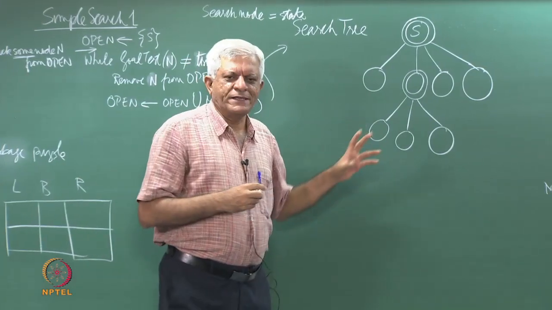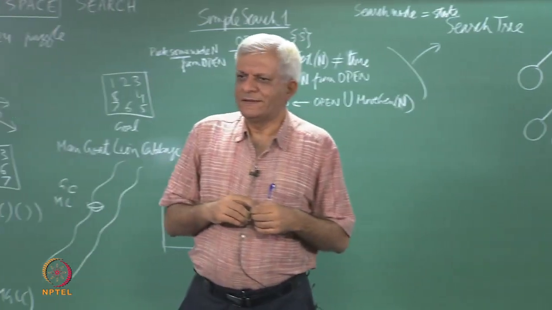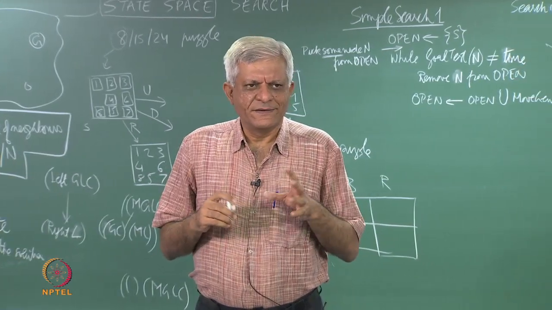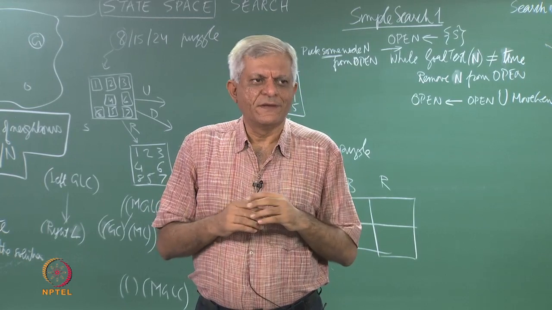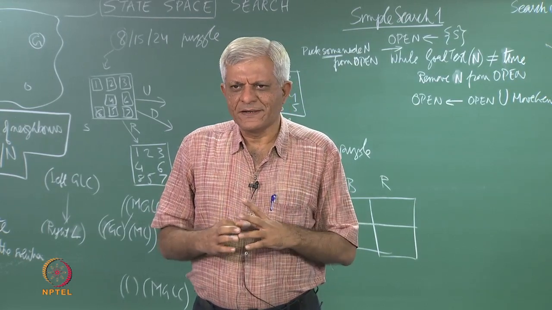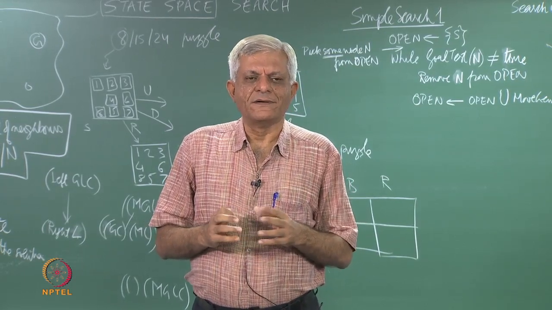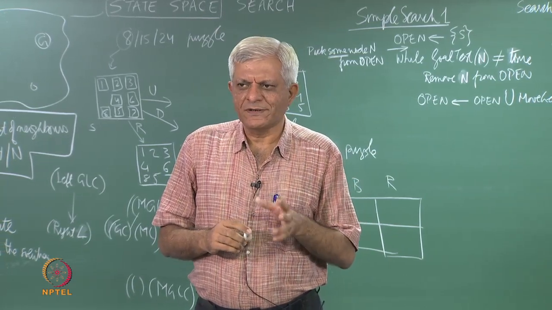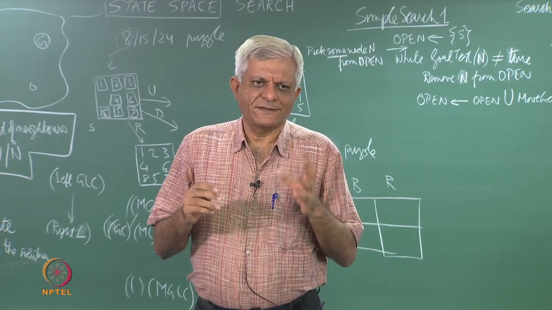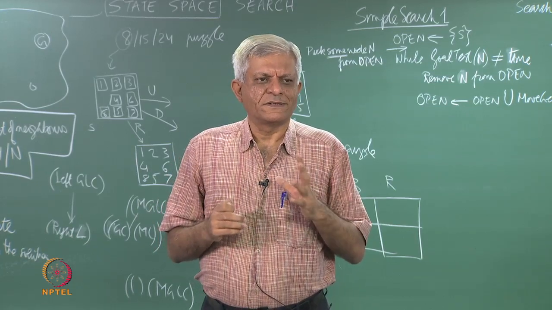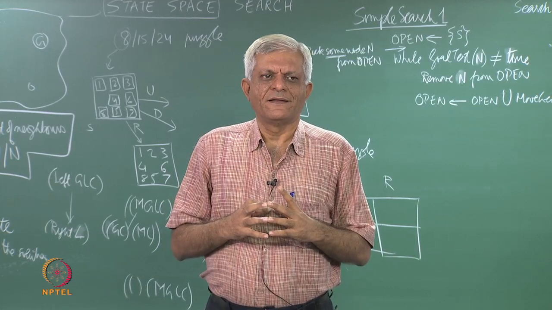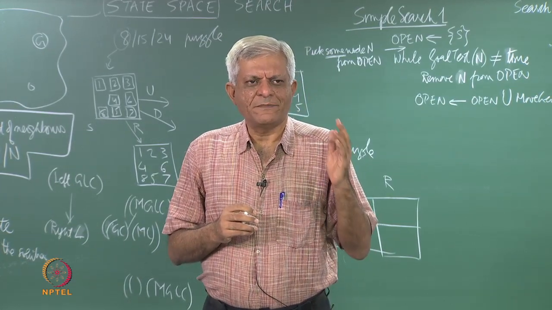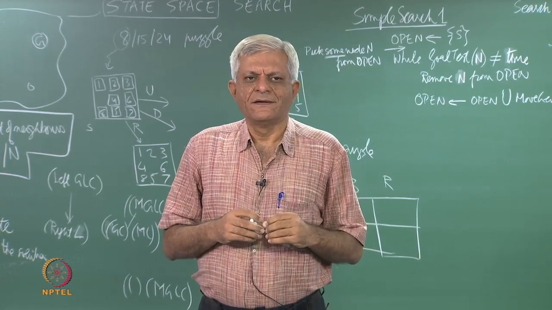This actually reminds me of an interesting story about Hercules and Hydra in Greek mythology. I do not know how many of you have heard this story. Hercules is fighting this many headed monster called Hydra, and the problem is every time he cuts one head of the Hydra, many more appear.